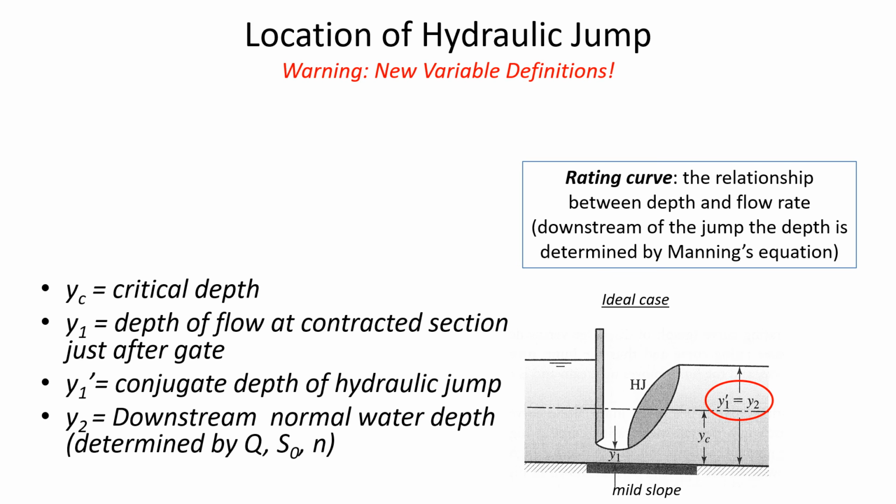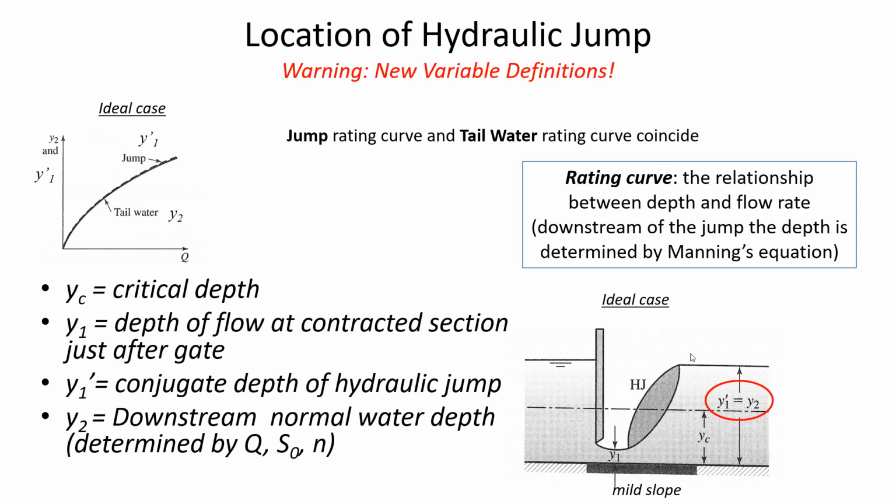And having an understanding of the geometry, the slope, and the roughness allows you to predict the normal depth downstream. So how much water can be accommodated for a given depth in the channel downstream. And there is a way to graph that: flow depth versus flow rate, Q. So depth versus flow rate.